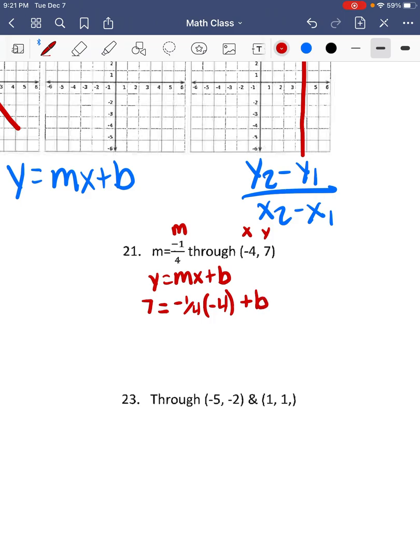So if you multiply in your calculator negative 1/4 times negative 4, you're going to get that equals a positive 1 plus b. Then you're going to subtract positive 1 from both sides. And you're going to get 6 equals b. In your equation, you need your m and you need your b. So your final equation is going to be y equals negative 1/4 x plus 6.